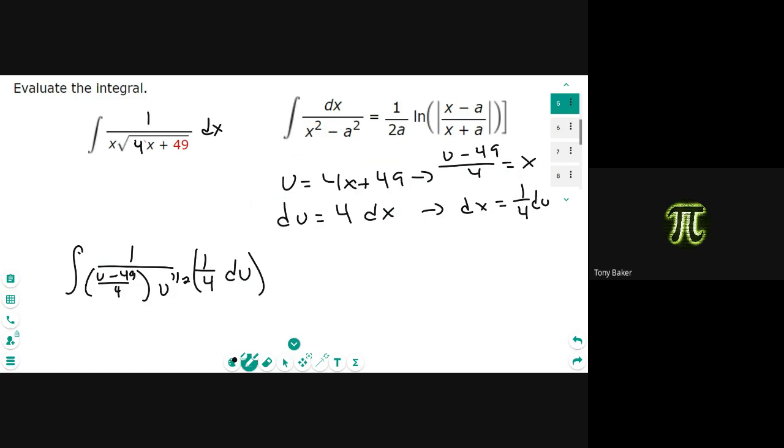The 1/4 and the 4 underneath the u minus 49 cancel, because that's going to flip up top.